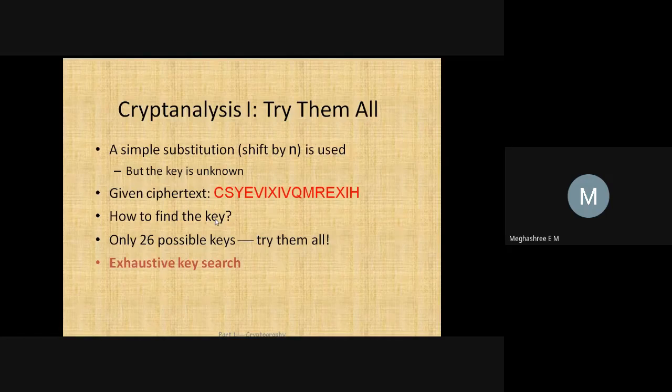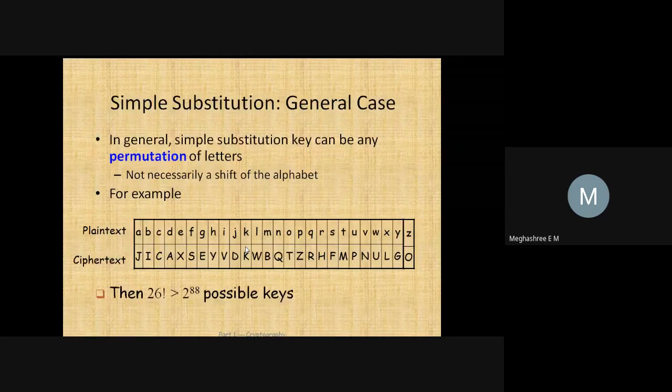By following this method we get the required plain text, and this approach is called exhaustive key search. I hope this part is clear now. Fine, so we'll move to the next part.